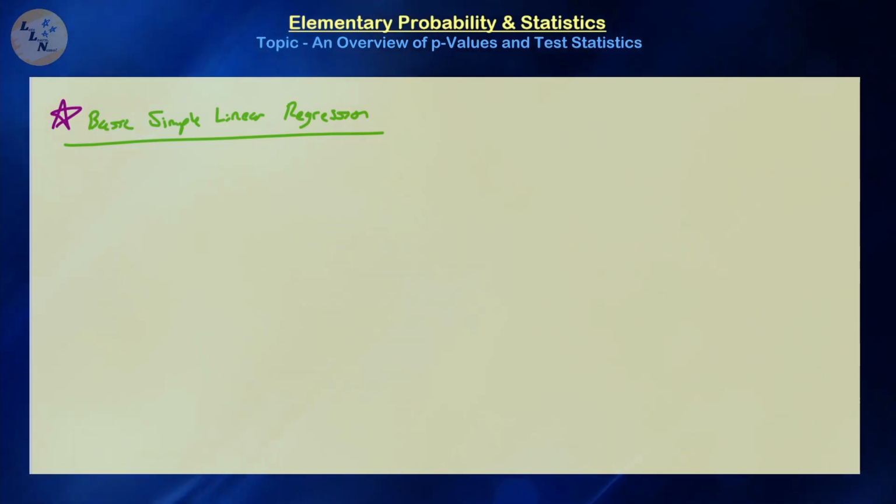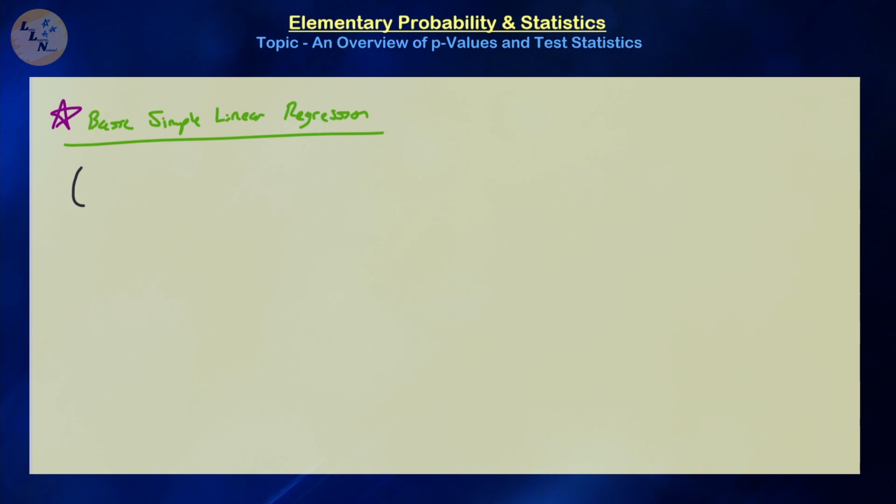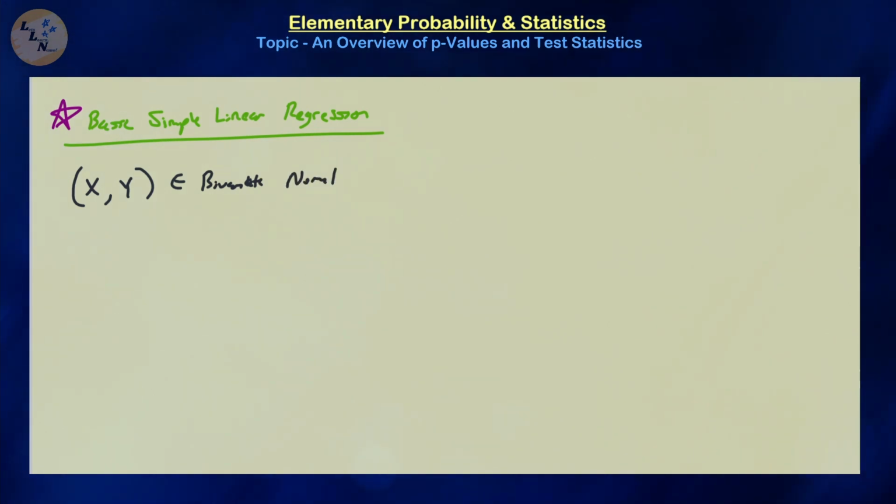The last thing I want to talk about today is 3 hypothesis tests that are often associated with basic, simple linear regression. So again, let's assume that we have what we call predictor variables x sampled from a population and y a particular response from that. And let's assume that this is coming from a bivariate normal distribution. So both x and y are normally distributed, and let's assume that we are claiming that x and y are linearly correlated as well.